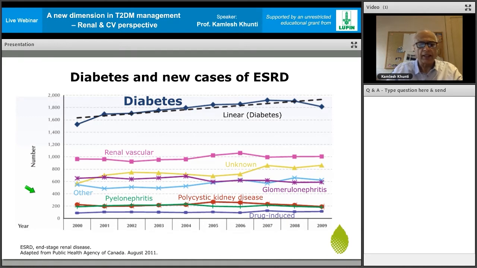This is data from Canada, again showing that diabetes is increasing and renal vascular disease is remaining flat. No change there at all. And these are other reasons for renal disease, but diabetic kidney disease is remaining pretty flat or increasing indeed.